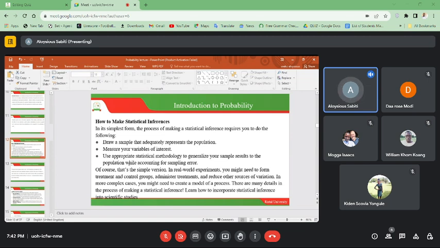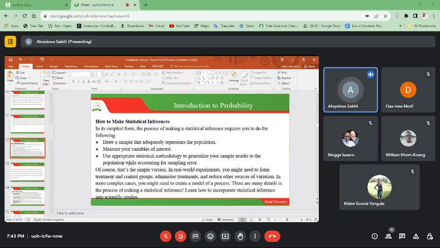So how do we make statistical inferences? In its simple form, away from what you could have covered in one of your course units, here we are saying that the simplest form of making a statistical inference requires you to do the following.